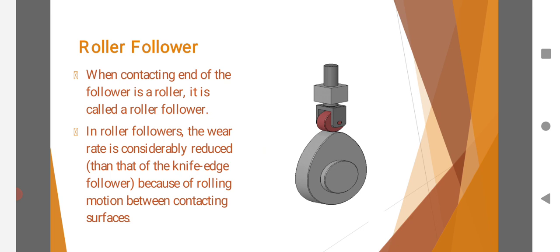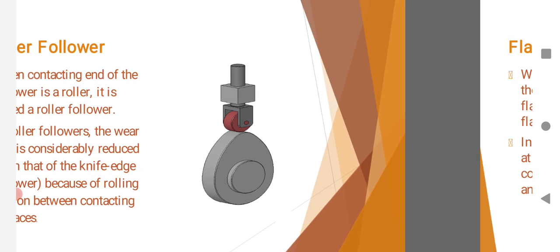Because of this rolling action, sliding friction is reduced, which results in much less wear compared to a knife edge follower. If you look at the picture, the part that looks like a small wheel is the roller follower.